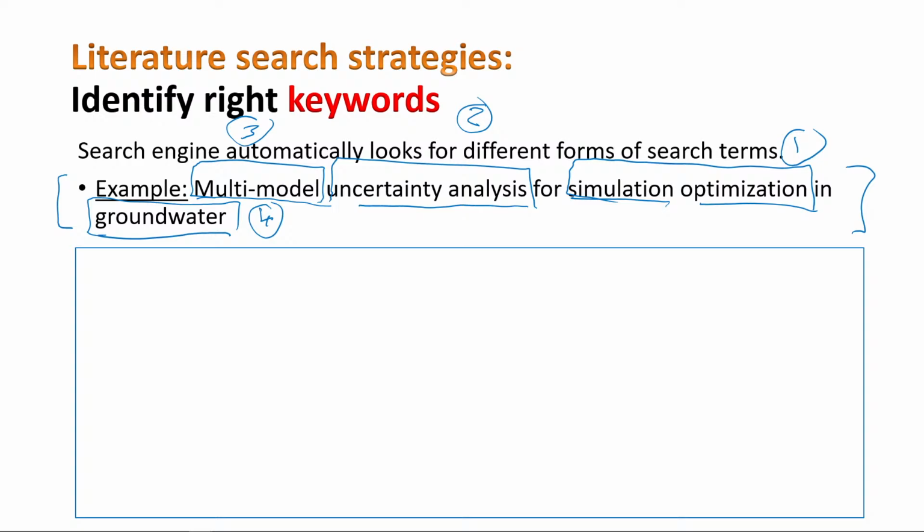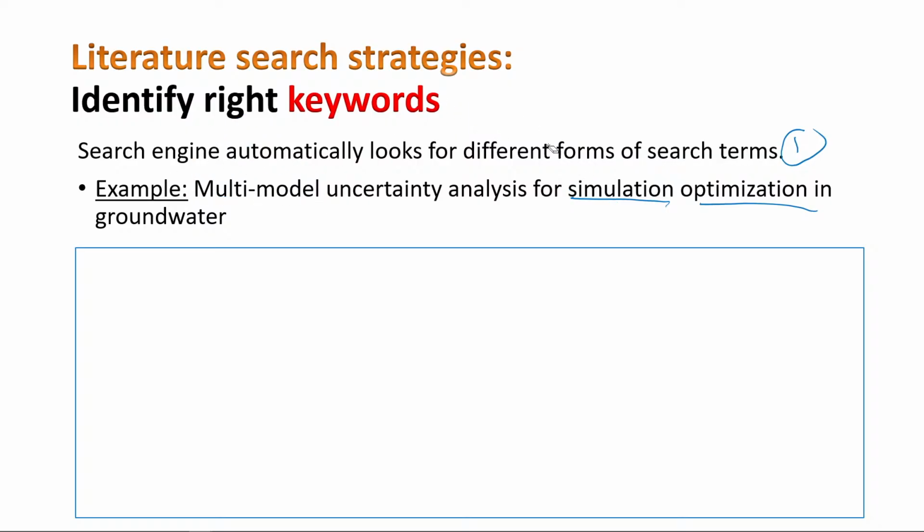So how could I get this search? You need to identify what the main things are that you're doing here. The main thing is that obviously you're interested in this topic of groundwater. So when you look at this, what am I doing here? What's the main thing? I'm working on groundwater. And I want to do uncertainty analysis.